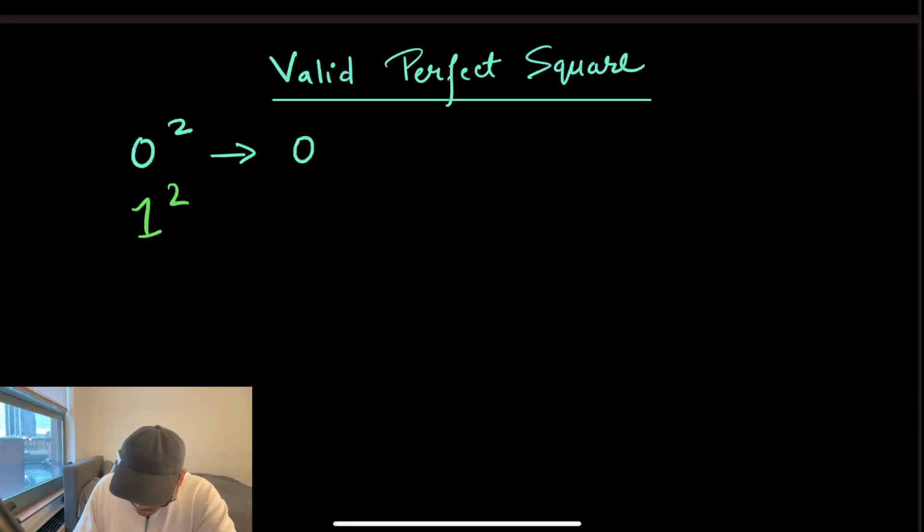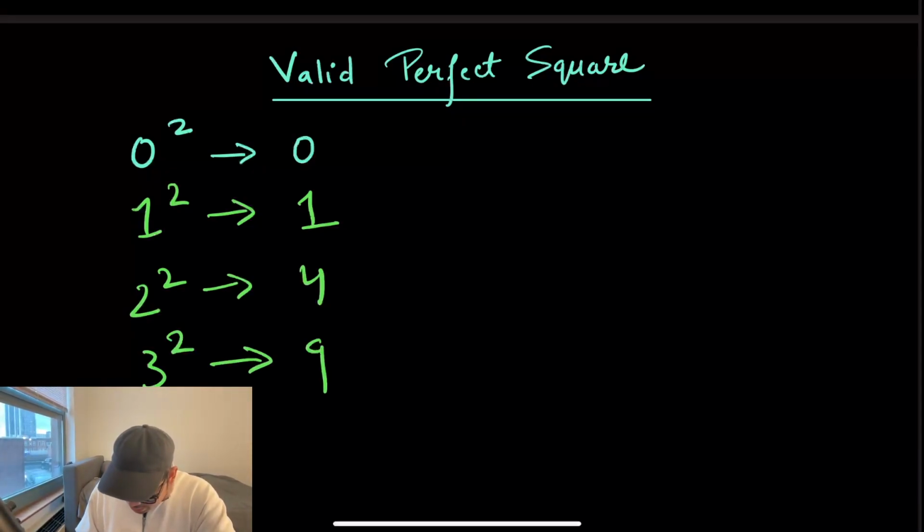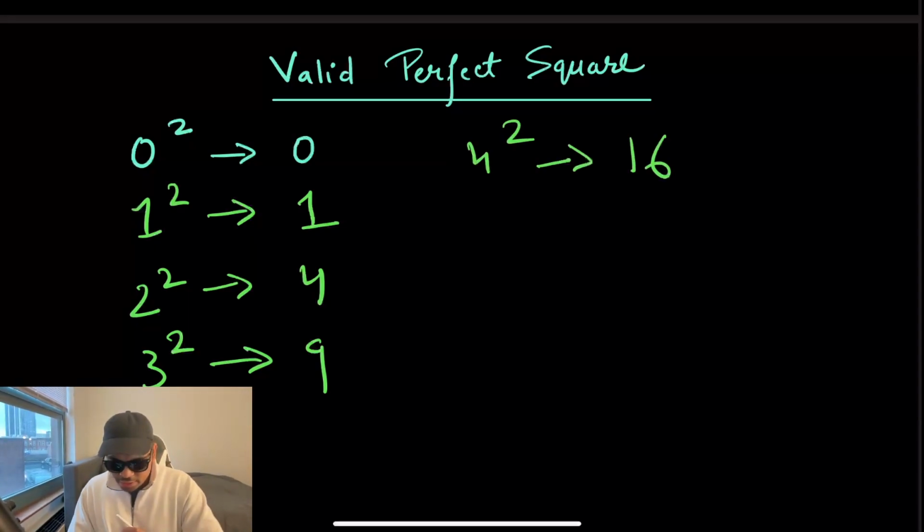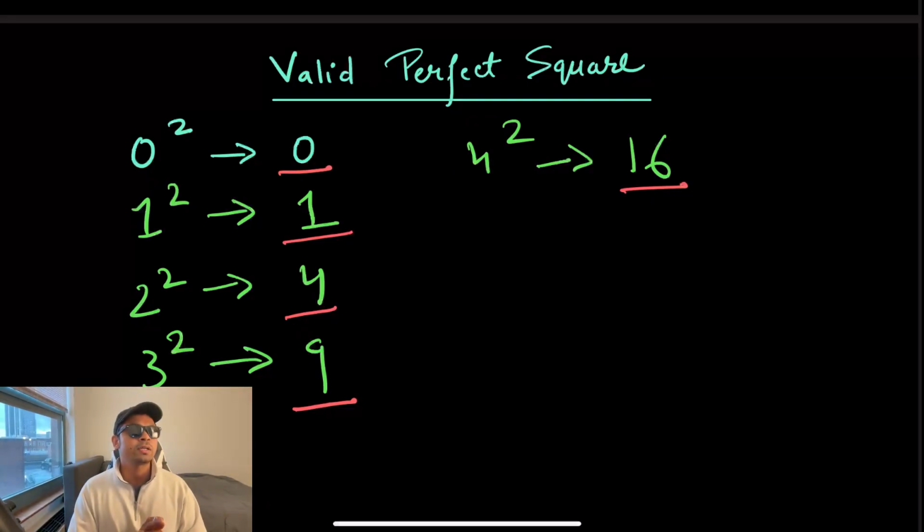Then 1's square is 1, 2's square is 4, 3's square is 9, 4's square is 16. So what are the perfect squares? 16 is a perfect square, 9 is a perfect square, 4 is a perfect square, 1 is a perfect square, 0 is a perfect square.